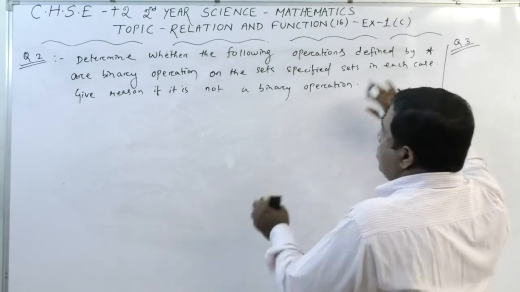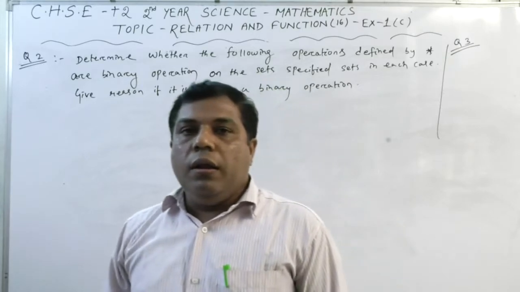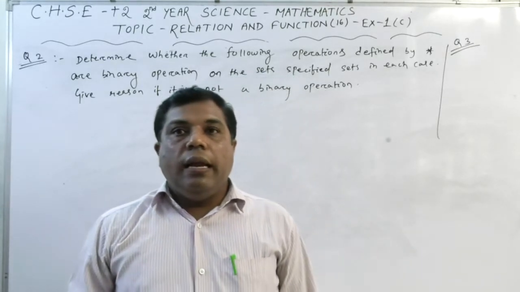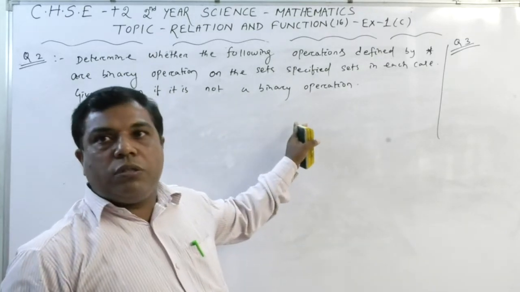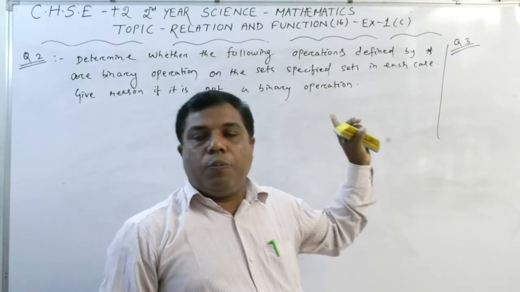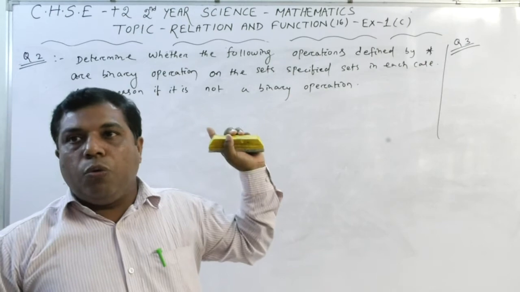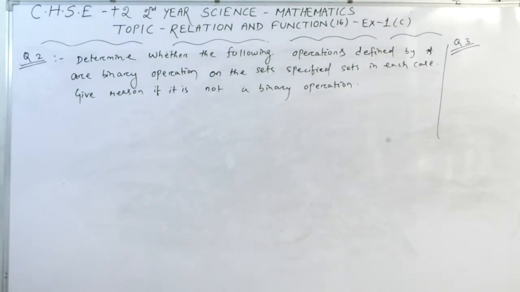So we will simultaneously check both question number 2 and question number 3. Okay, what question number 3 says, my dear students, listen carefully. Question number 2 says check whether it is a binary operation or not. That we have to check in question number 2. What does question number 3 say?